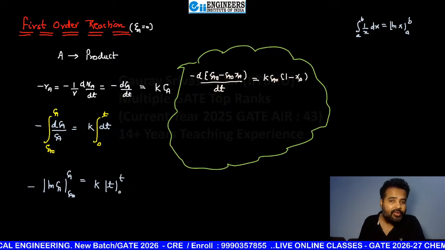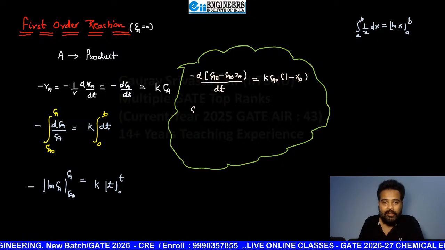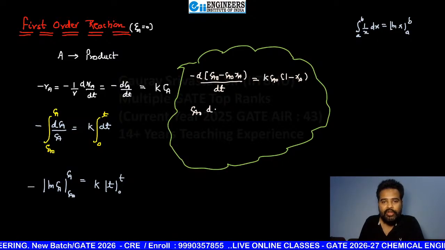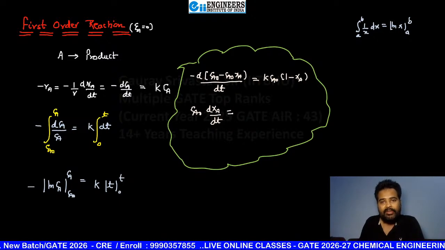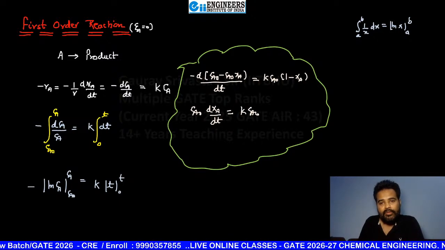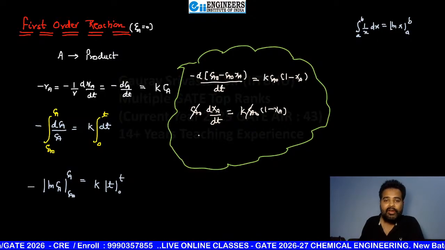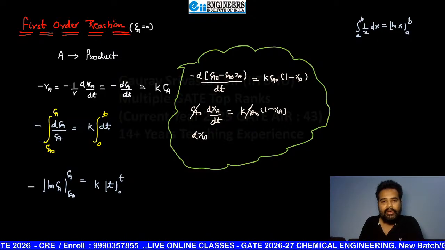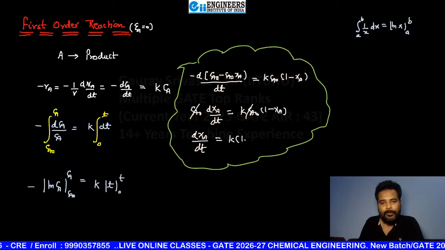Ca naught is a constant, so its differentiation will be 0, and minus minus will be positive. So Ca naught, because it is constant, can be written outside the differential: Ca naught dXa by dt equals k Ca naught (1 minus Xa). Ca naught cancels here, so dXa by dt equals k (1 minus Xa).